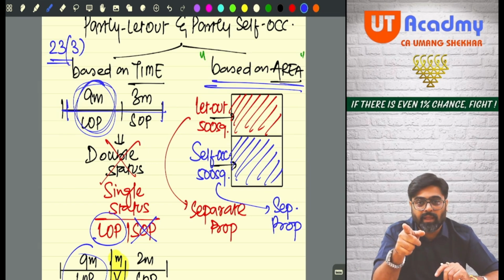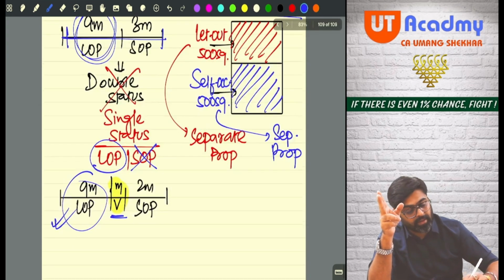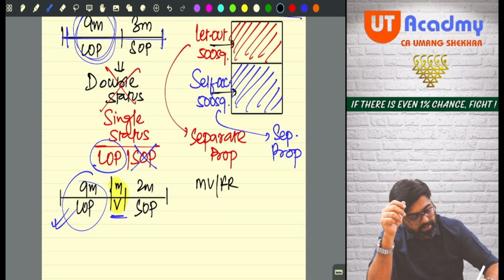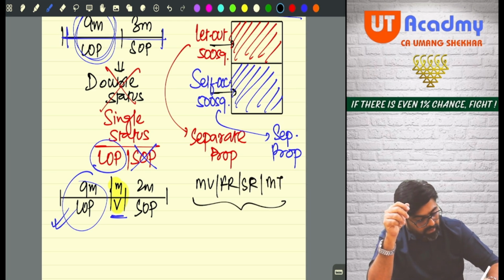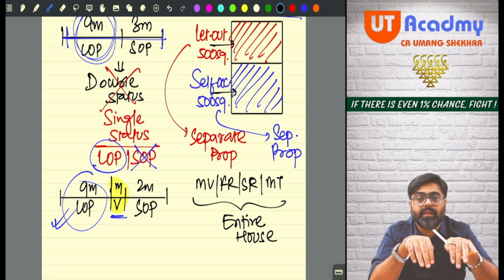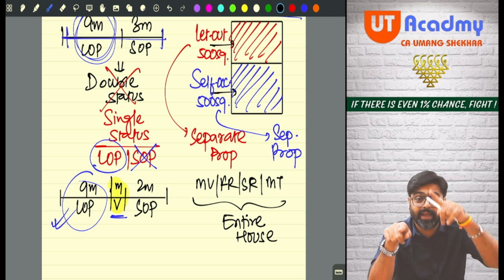So now, if the municipal value, fair rent, standard rent, and municipal tax are given for the entire house, you will have to divide them in the ratio of area.